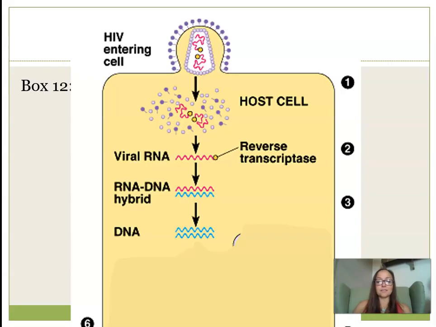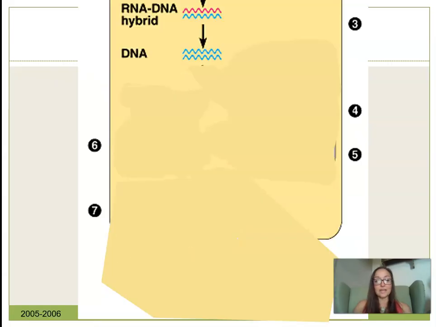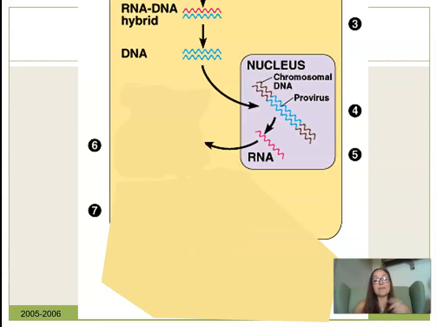Now, this is the part that makes HIV so devastating, is that now that viral DNA will incorporate itself into the host's chromosomes. So now you have this pro-virus section. You have that viral DNA forever integrated into that chromosomal DNA.